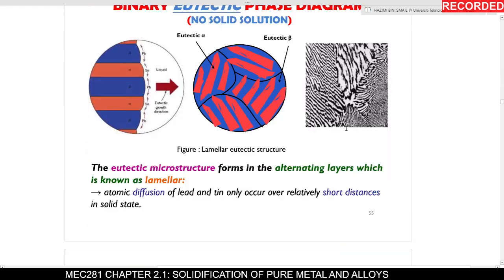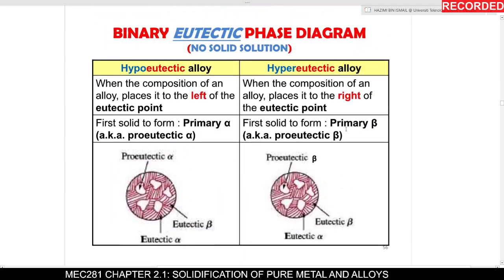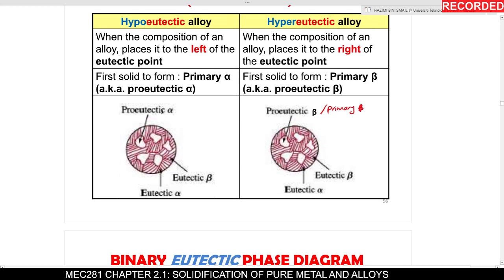That's why the proeutectic for the hyper is beta, or primary beta. So it is reversible: you just change this one to beta, this one to alpha, and this one to beta.